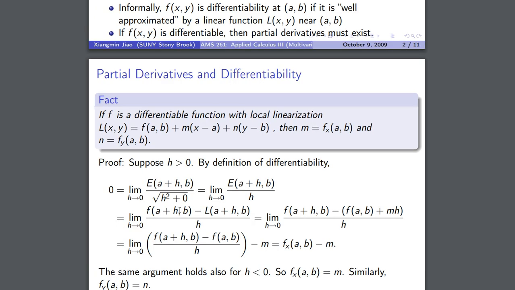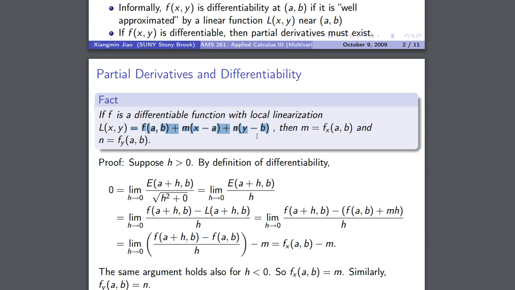Here you are, partial derivatives and differentiability. If f is a differentiable function with a local linearization, that's what we call it, or a tangent, I like to call it the tangent. If you look well here, you have a tangent plane, but that's another story, okay?